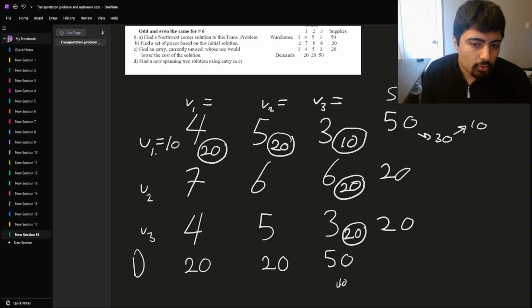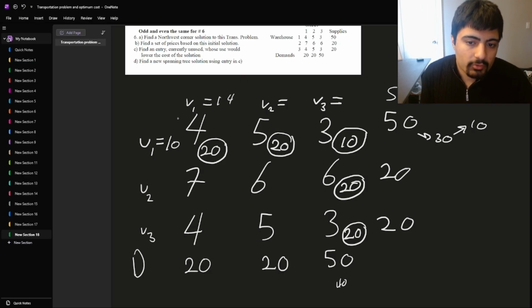Now that we have U1, the way we find V1 is very simple. You go to the prices you used. The ones we used are 4, 5, 3, 6, 3. These are the ones with the circles on them. We can only work with those. So you're gonna go ahead and use U1 and add that to the price to get V1.